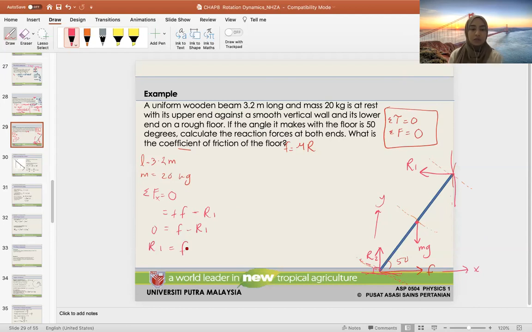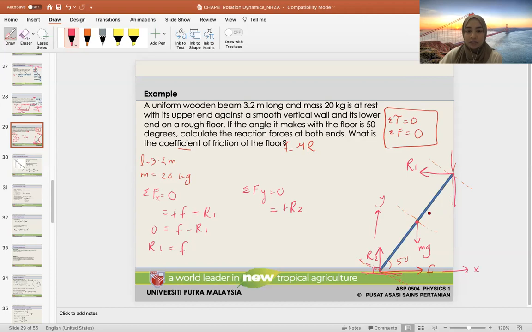That's our first equation. Second one, net force in the y direction equals 0. That's my condition. Write the forces in my free body diagram. What is acting in the y direction here? I have R2 going up over here. What is going down here?